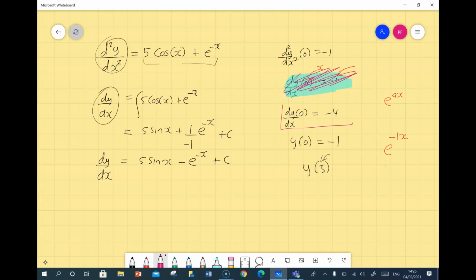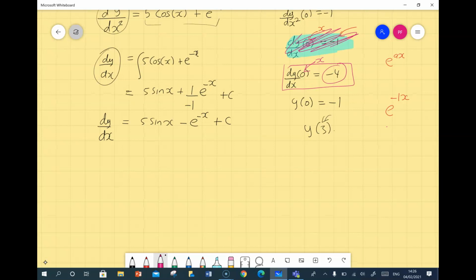They're saying when x is 0, the whole derivative dy/dx should be equal to minus 4. So they're asking me to sub 0 in for x. So it's 5 times the sin of 0, minus e to the power of minus 0, plus c, and it should all be equal to negative 4.